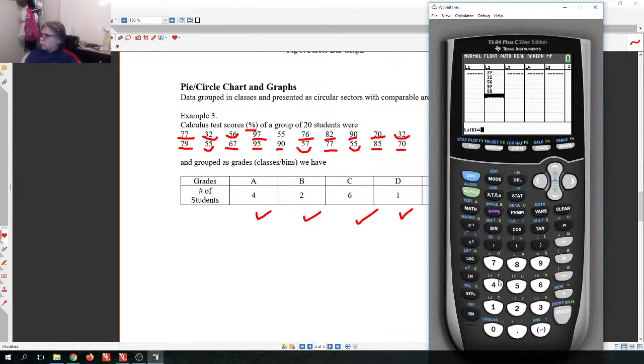Okay, so I have 76. 82, 90, 70, 32. It always tells you what you're doing here. List 2, item number 10 is 32.